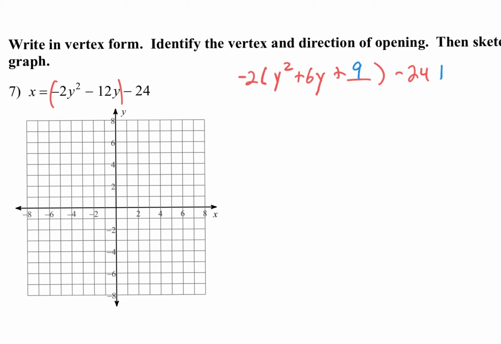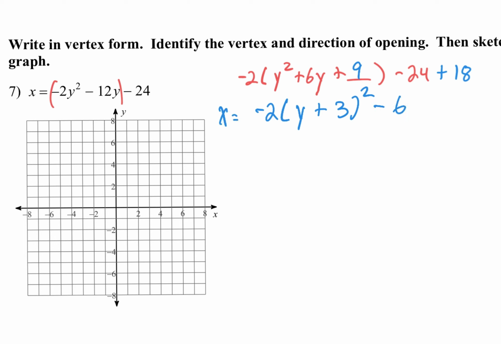Plus 18. And make sure you take it times the 2 as well. I've got the plus part right, but again, make sure you distribute that 2 in there as well. So now this factors into 2(y plus 3) squared. And then it would be -6.